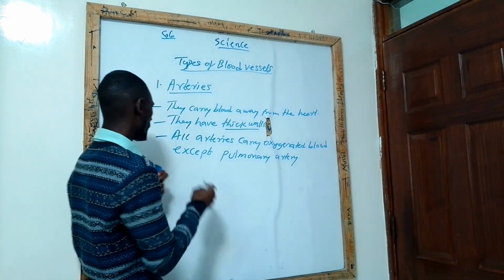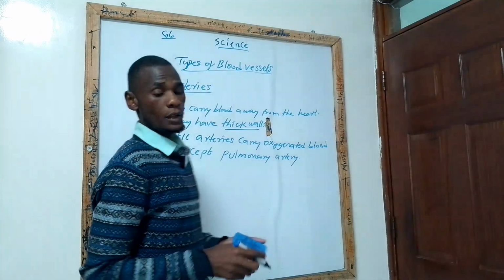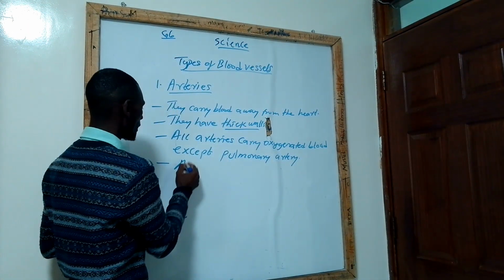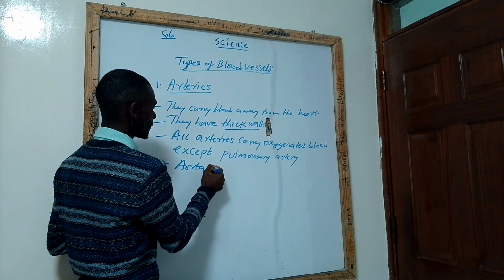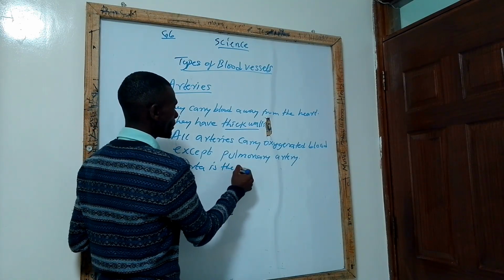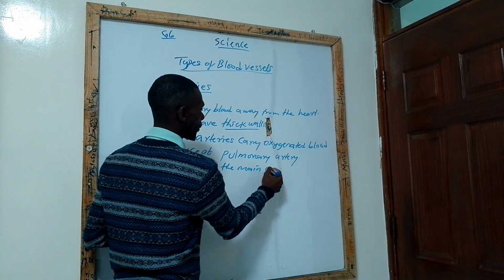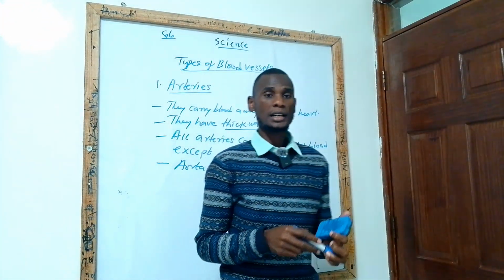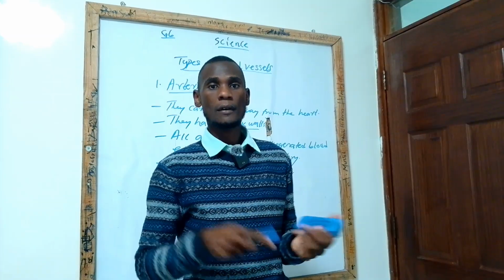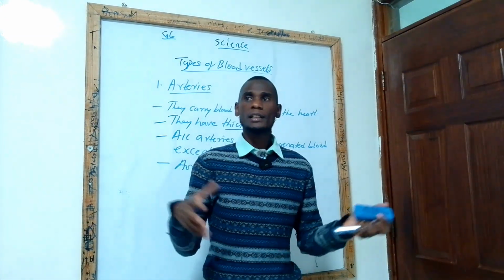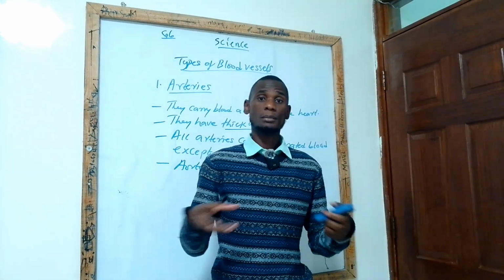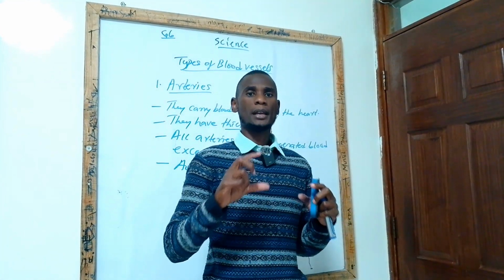Another characteristic. So aorta is the main artery. Why is it called the main artery? It is called the main artery because it carries the largest amount of blood. Remember, even in a water system where you have to supply water using pipes, there's what we call the main pipe.